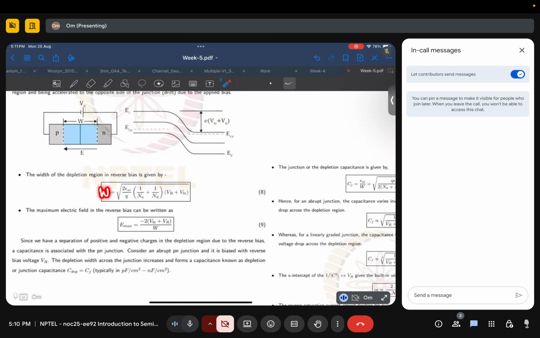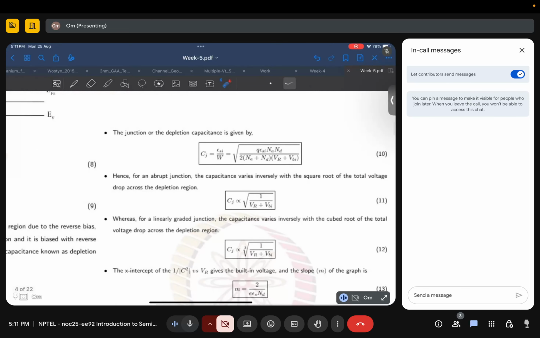And the depletion region, this we have seen last week, changes in square root proportion to this VR, and the maximum electric field will simply be VBI plus VR by W. It is total V by W.